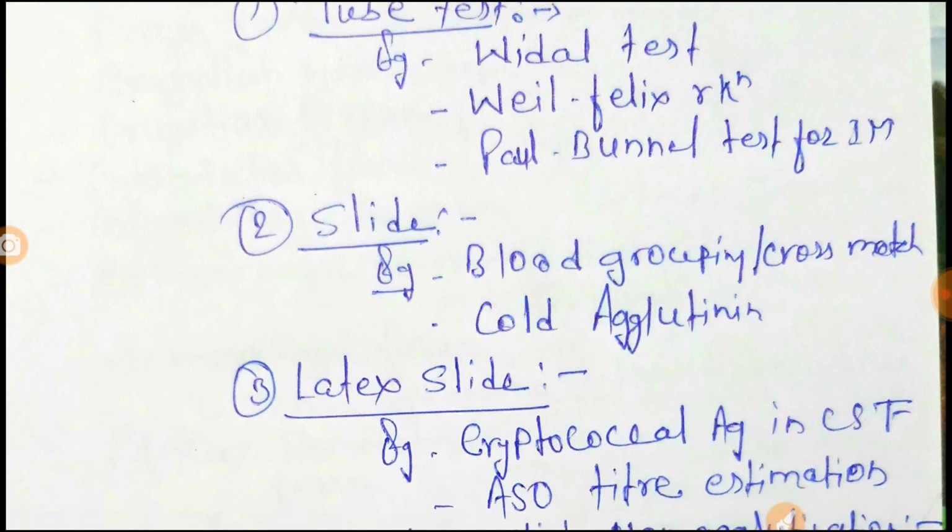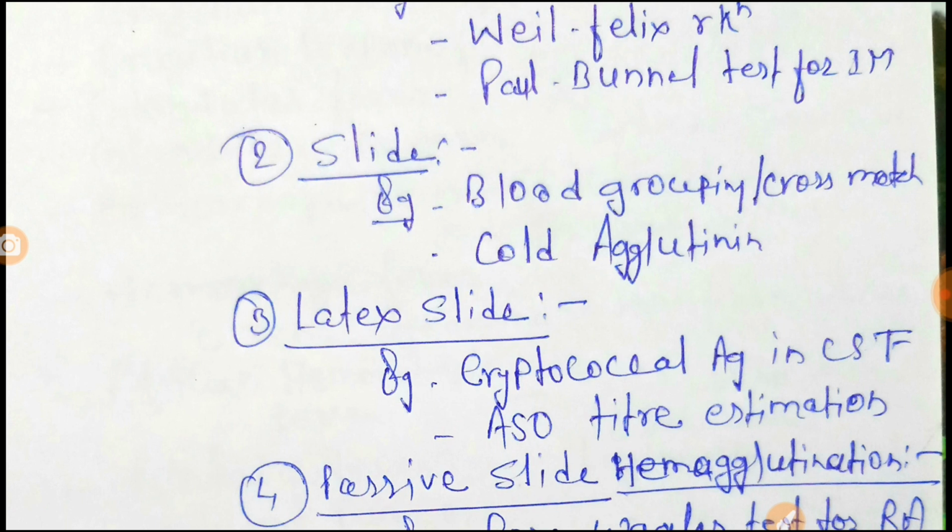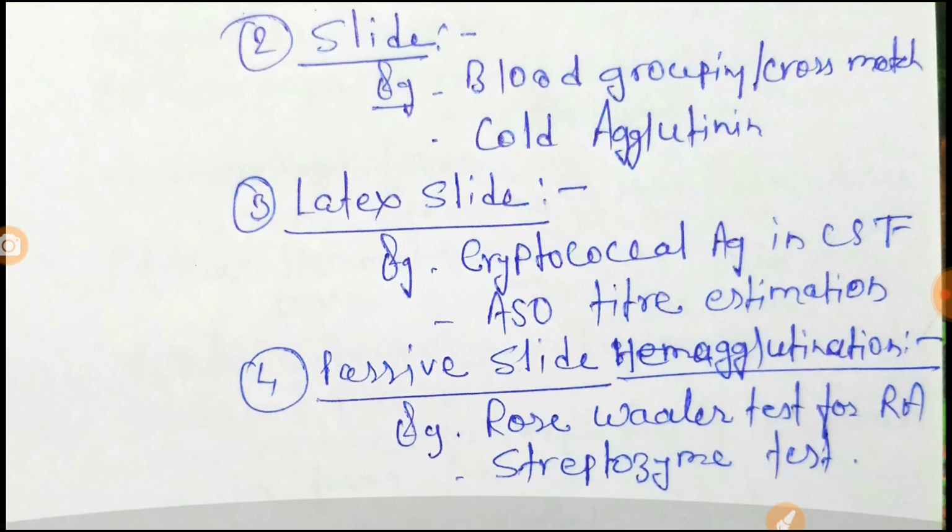Next one is the latex slide agglutination test. Here, cryptococcal antigen in the CSF and ASO titer estimation, also called ASLO titer estimation. The passive slide agglutination test is used for the Rose-Waaler test for rheumatoid arthritis and the Streptozyme test.